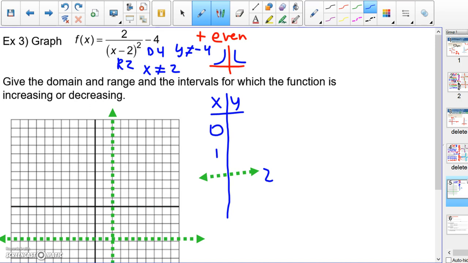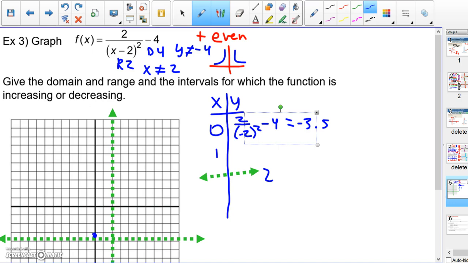If I plug in 0, you have 2 over 0 minus 2 is negative 2 squared minus 4. That's going to end up being negative 3.5. Those of you with your graphing calculators, use your table feature, and the calculation goes easily. 0, negative 3.5 is down there.